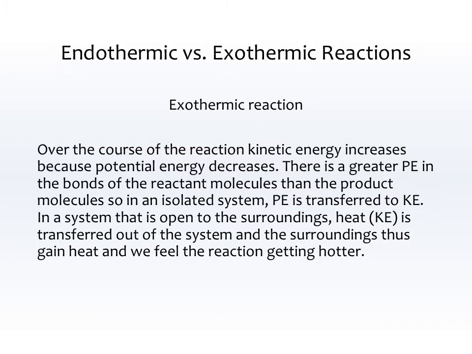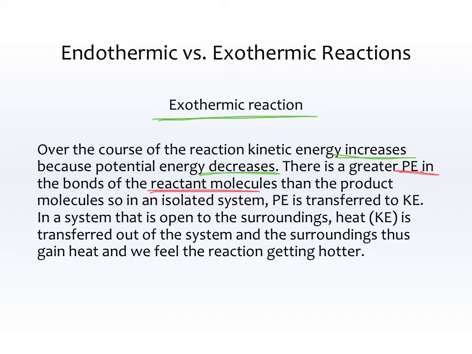An exothermic reaction, on the other hand, is the exact opposite. Over the course of the reaction, kinetic energy increases because potential energy decreases. There's greater potential energy in the bonds of the reactant molecules than there are in the product molecules. So in an isolated system, potential energy is transferred to kinetic. In a system that's open to the surroundings, kinetic energy is transferred out of the system, and the surroundings thus gain heat, and we feel it getting hotter.